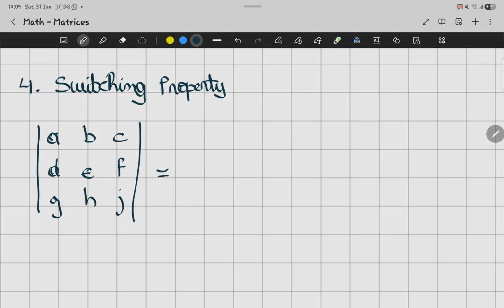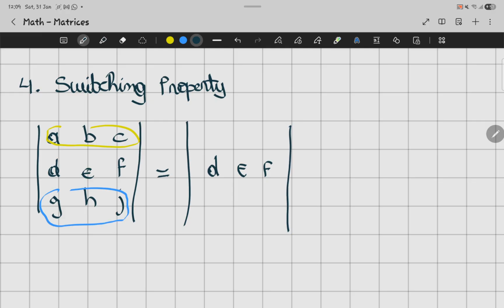This is another property, the switching property, and for this one we're going to flip the matrix vertically. So it's going to be something like this. What is in between is going to remain the same. We're going to flip it vertically, so it's going to give us J, H, then A, B, C. As you can see, what was on the top goes at the bottom, and what was at the bottom goes at the top.